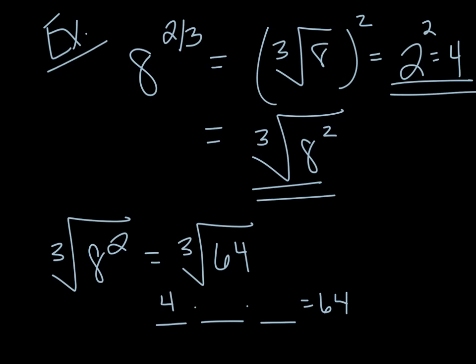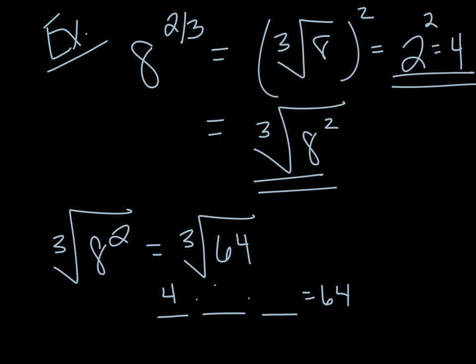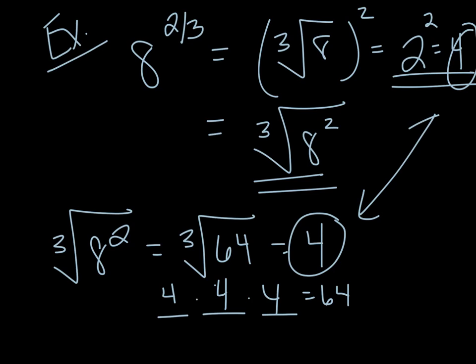And we find out that 4 times 4 times 4 gives me 64. So the cubed root of 64 is 4. And you can see we are still ending up with the same result. It was just a matter of which math do I want to do. Do I want to figure out what times itself gives me 64, or do I want to figure out what times itself gives me 8?